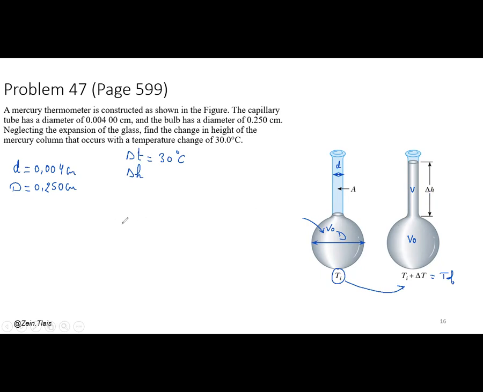You know, here we have a volume expansion. You know the relation delta V equals beta V0 times delta T, where delta T is T final minus T initial.